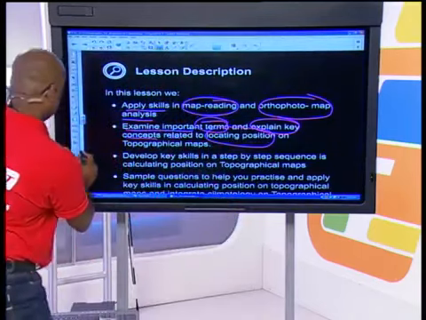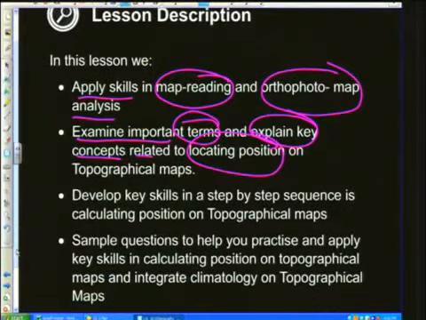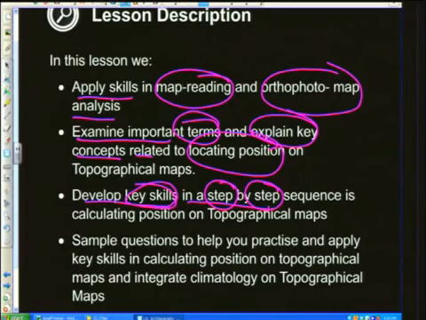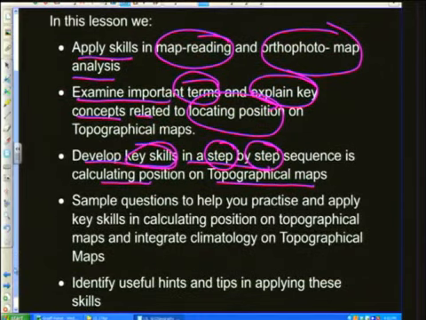Let's look further on. We will also be developing key skills in a step-by-step process in order to calculate the position on topographical maps. Further on, we will be sampling a few questions to help you practice, which is very important in the geographical skills and techniques that you use.